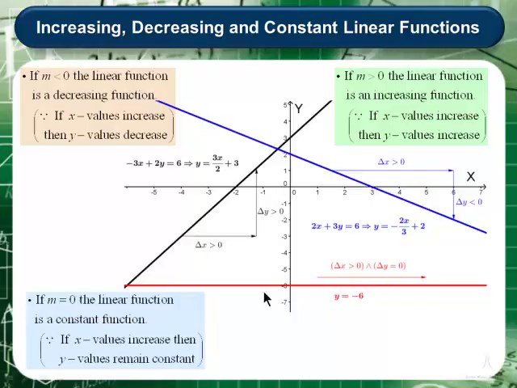So then that will be a constant function. Note that I am not considering the straight line x equals a constant, because in such a case you know that it is actually not a function.